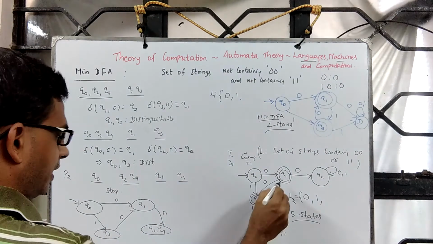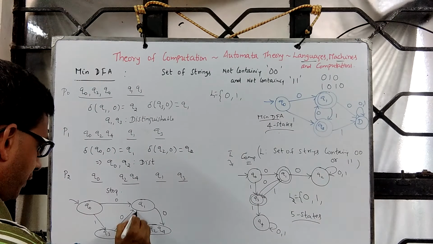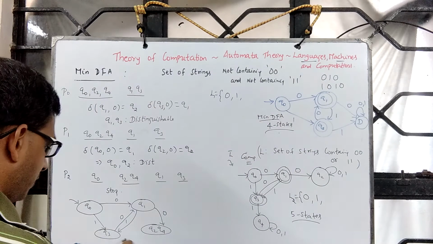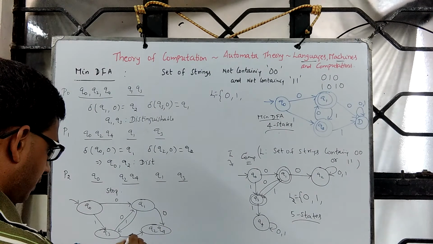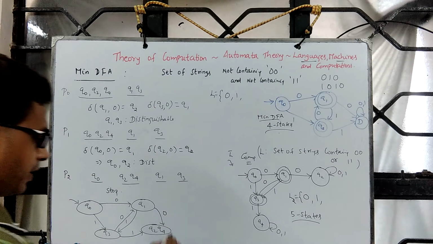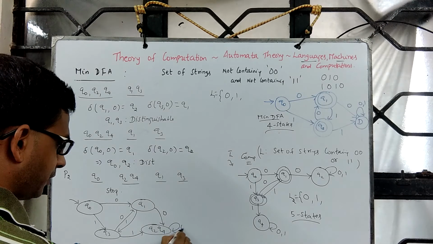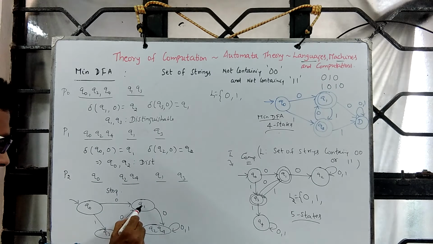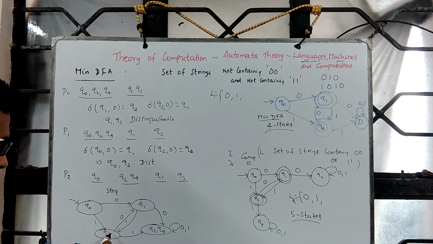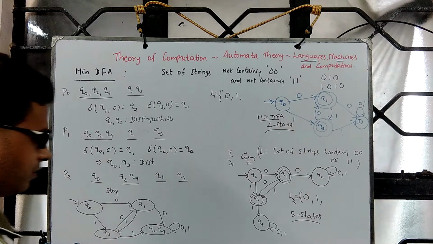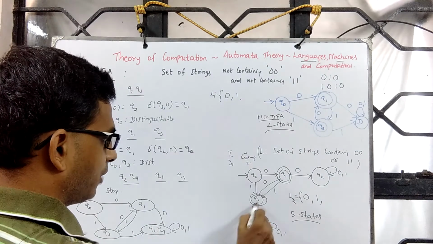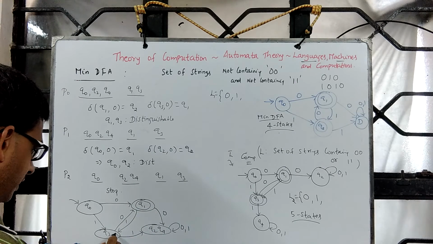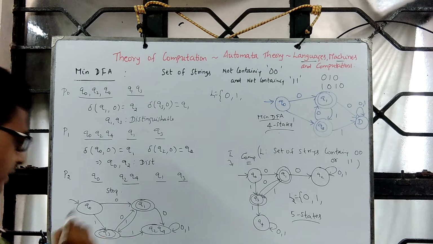Fine. And Q1 comma 1 is Q3, Q3 comma 1 is Q4, and with respect to this 0 comma 1 is here. Now for this 0 1 is defined, for this 0 1 is defined, for this also. Now Q1 and Q3 are final, so make this final state, make this final state.